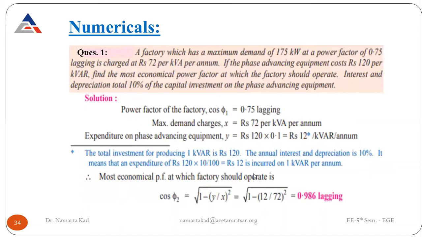Directly you have to put down the values. Y is the expenditure on the capacitor or any phase advancing equipment, x is the kVA demand charges, and directly divide them and take the square root and we got this answer.